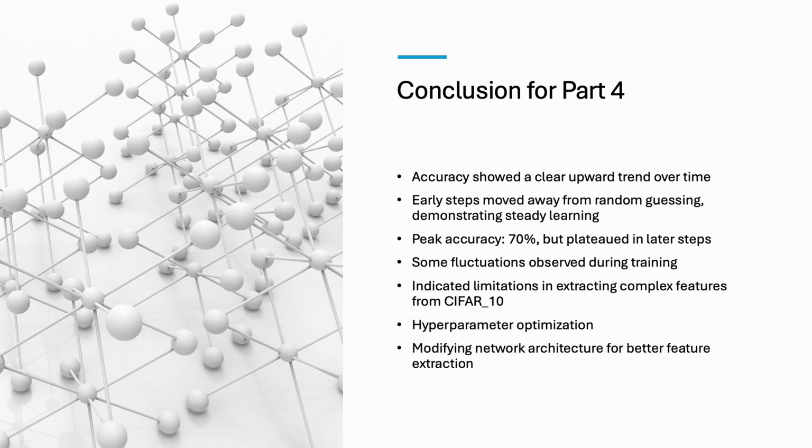This model reached a peak of 70% accuracy, and it began to plateau as the steps progressed in the later steps. This suggested that the current architecture has limitations on extracting complex features from the dataset. This CNN highlighted areas of improvement, such as optimizing hyperparameters or modifying the network architecture.